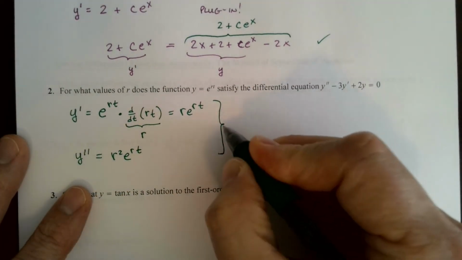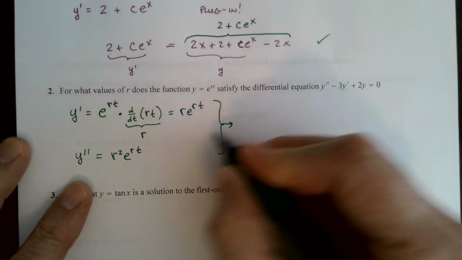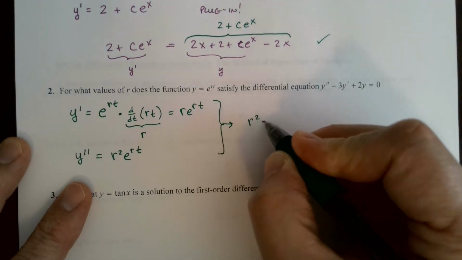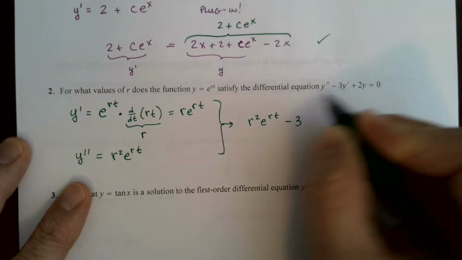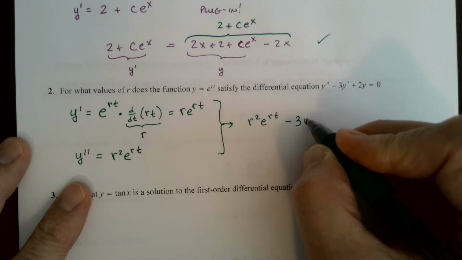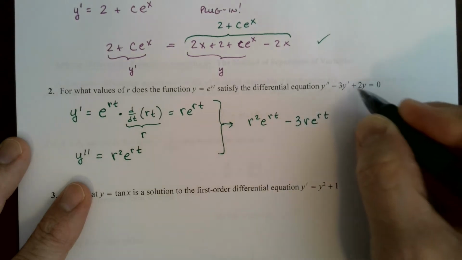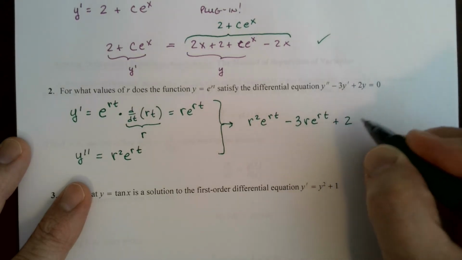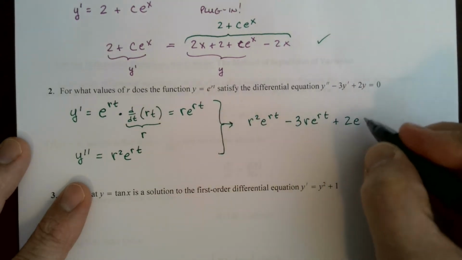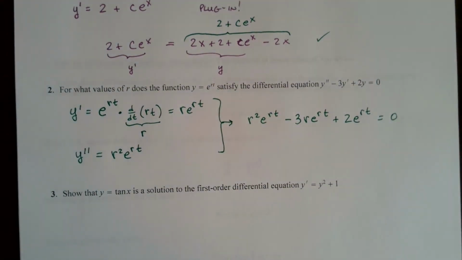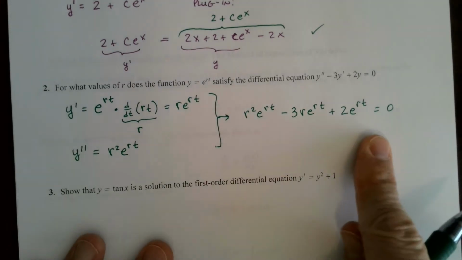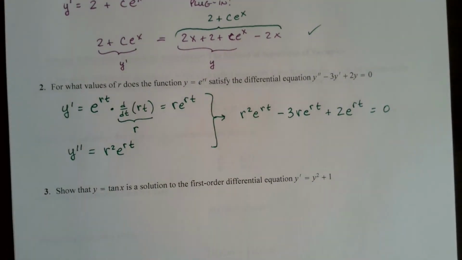Well, now we plug in, right? So I've got y double prime, which is r squared e to the rt, minus 3 y prime, which is r e to the rt, plus 2y, and y was the original function, e to the rt. Okay. So now I'm trying to find out what values of r make this equation true for all values of t.